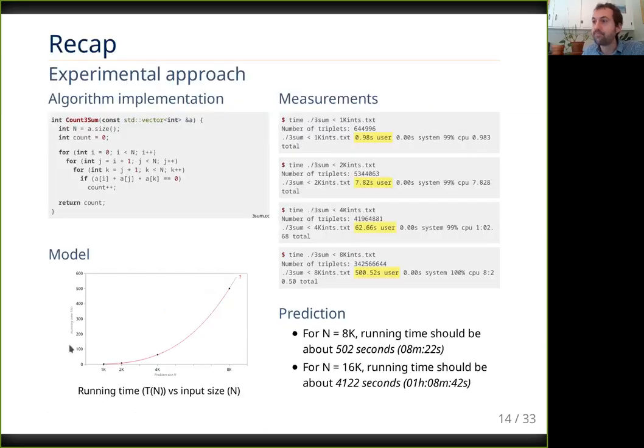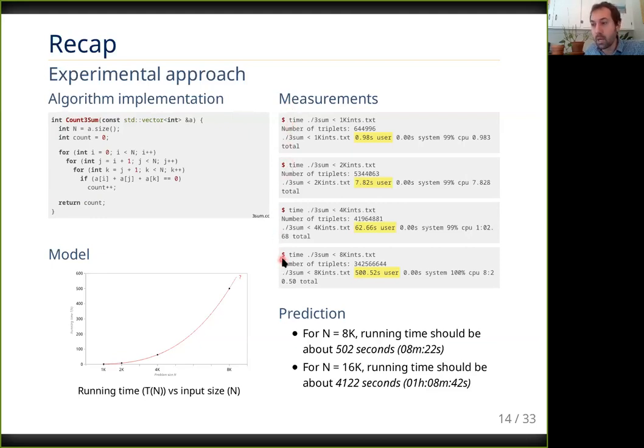So very quickly, last time we started talking about the experimental approach in terms of analyzing algorithms. The idea is that we would implement a certain algorithm by writing the code. Then we would run this code, its actual code, after compiling it and everything, and take measurements and gather many data points.